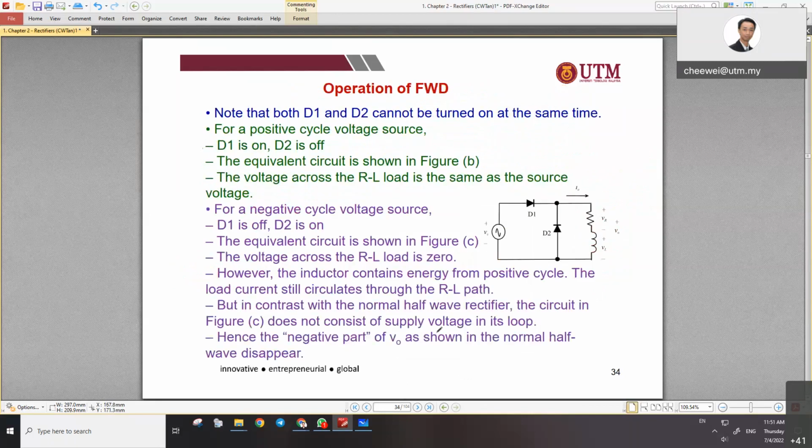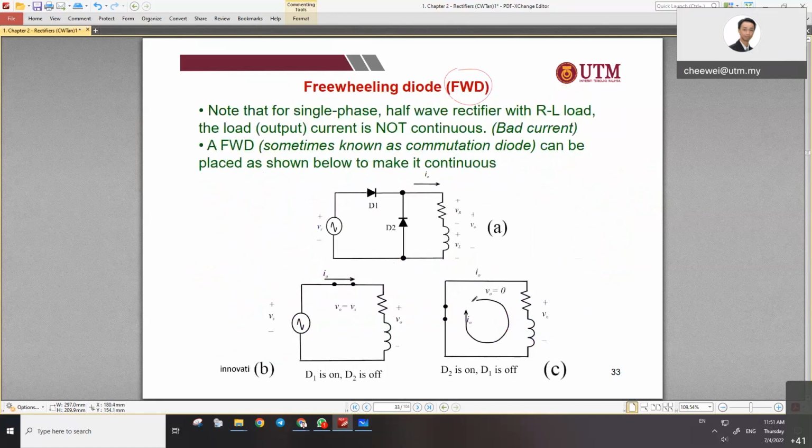Now we have to look at why that happens. If you look at this original circuit, the outer line is the diode, source, and RL load. The freewheeling diode is included here, in parallel with the load. Can I call this D1 the FWD? No, this is just the power device, the usual one.